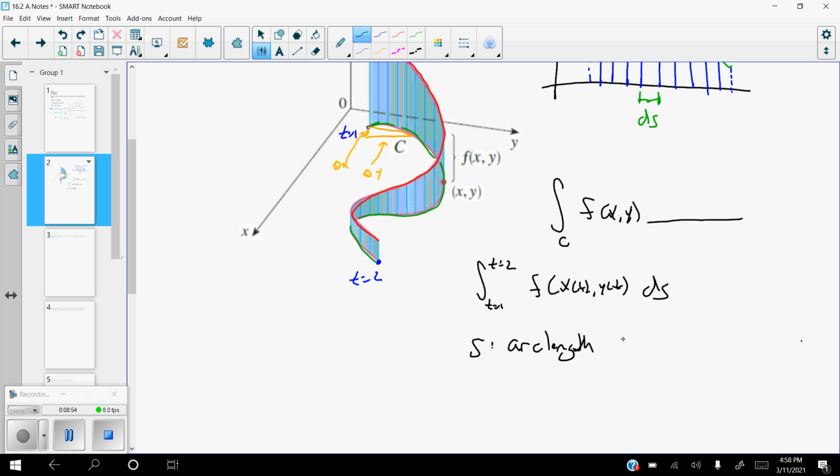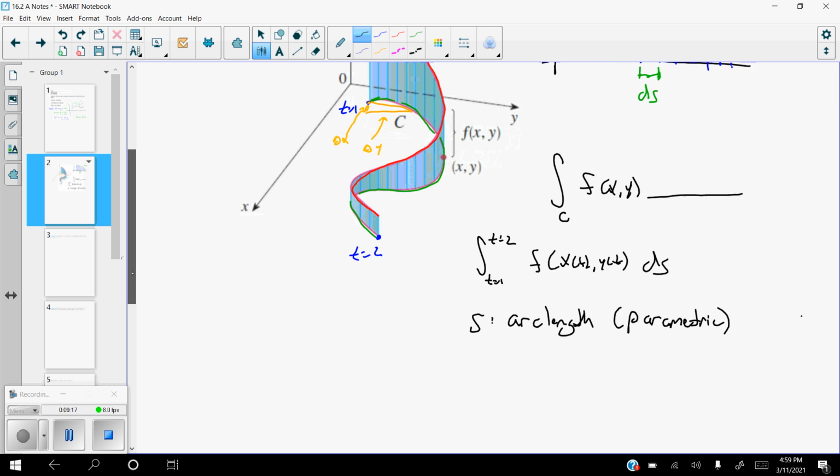But if you remember, and this is going back a little bit, s itself represents the arc length of a curve, and that's in parametric. So what was the arc length of a curve? Well, remember, just looking at our little orange triangle down there, it's the change of x squared plus the change of y squared, take the square root. It's the Pythagorean theorem of the rates of change.